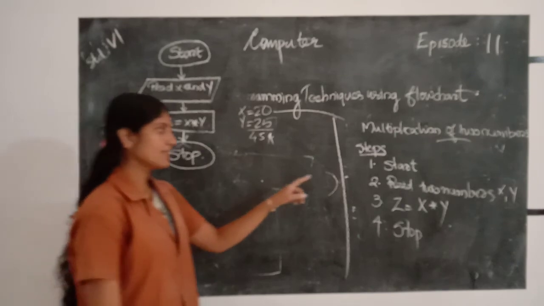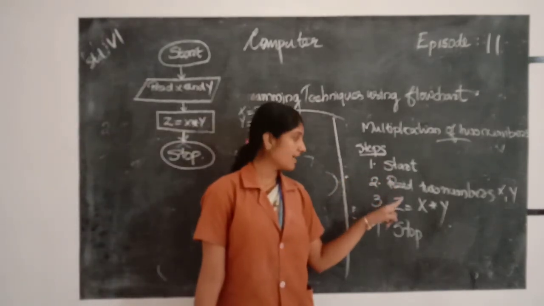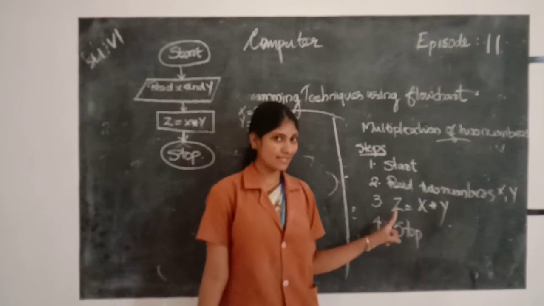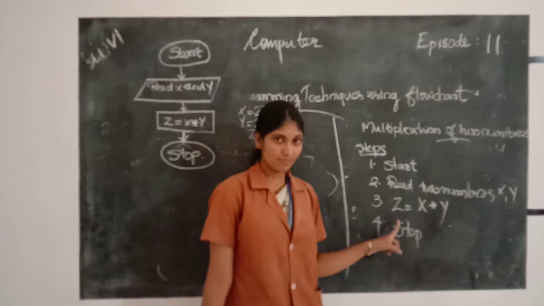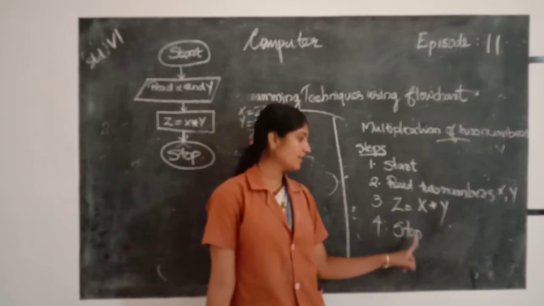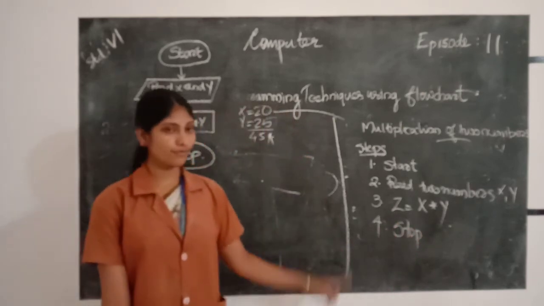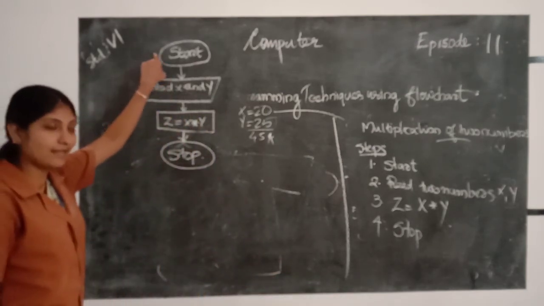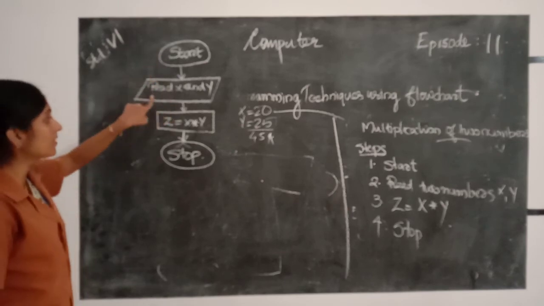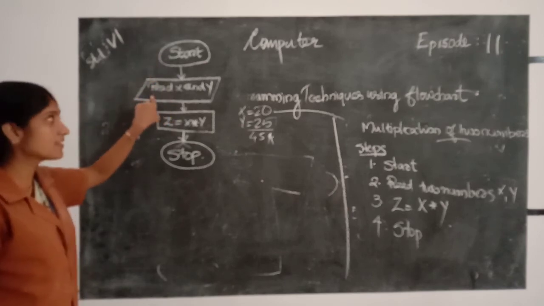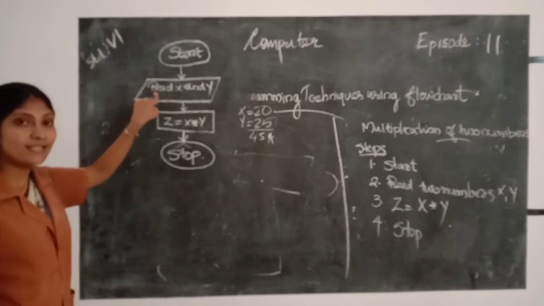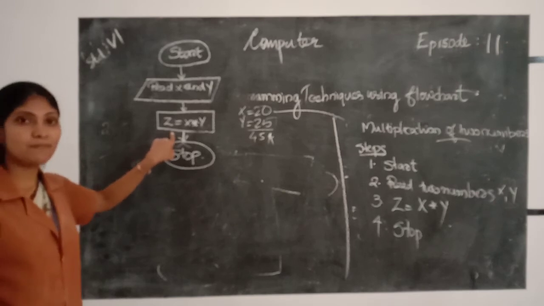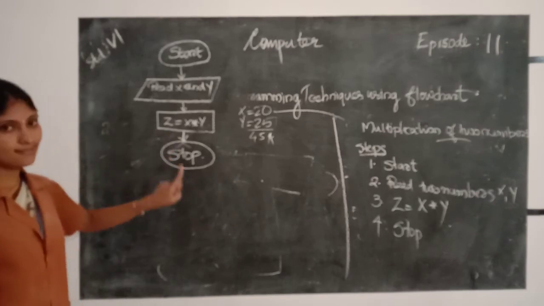Okay, so first the start box, read two numbers, and then finally calculate the multiplication of two numbers, which is stored in the variable z. Then finally stop the algorithm or flowchart. You should write the terminal box for start and stop. Then in the input or output box you can write the reading statement or printing statement. Then this is the processing box where you can include the processing steps, and then finally stop.